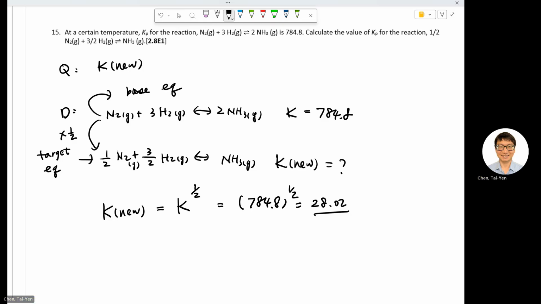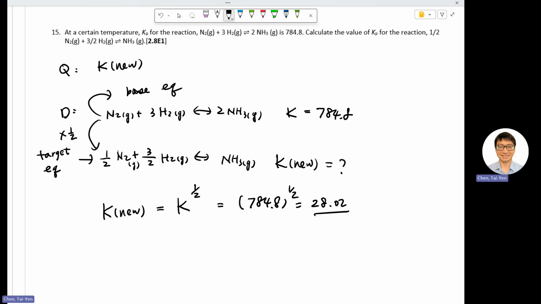So if today I flip this reaction, what do you do? You add the negative sign at the exponent, right? So those are the things that you need to know. It's actually a very simple operation. If you know those three rules I mentioned: flip the reaction, take the negative 1 power.